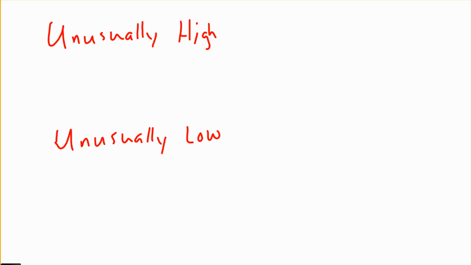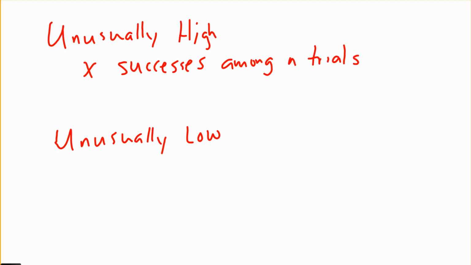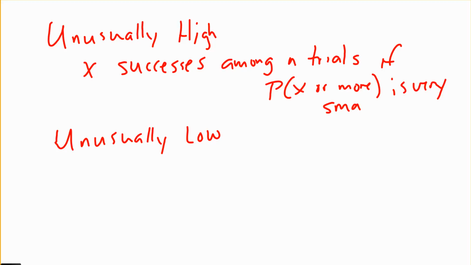So for unusually high, we say X successes among N trials is unusually high if the probability of X or more, probability of 81 tails or more, is very small. It has a very low probability of occurring. And we're going to use the 0.05 criteria.